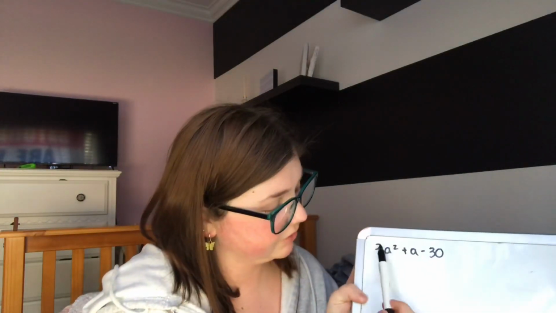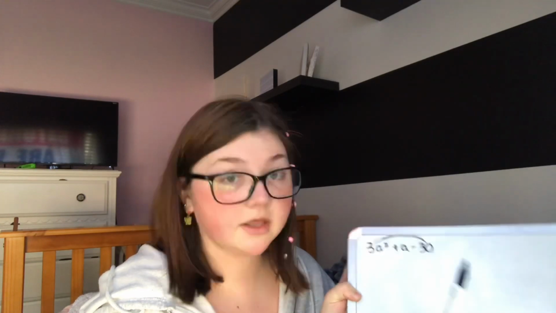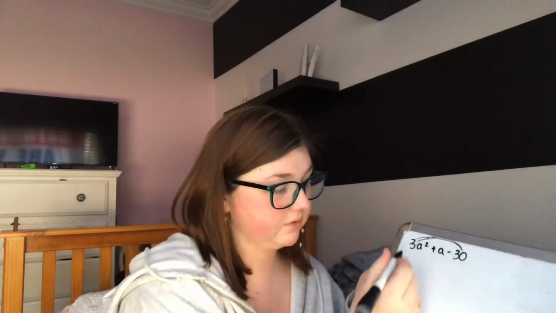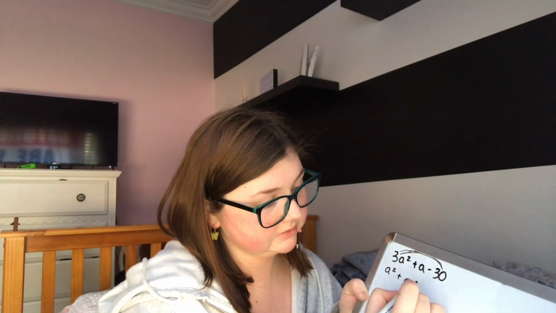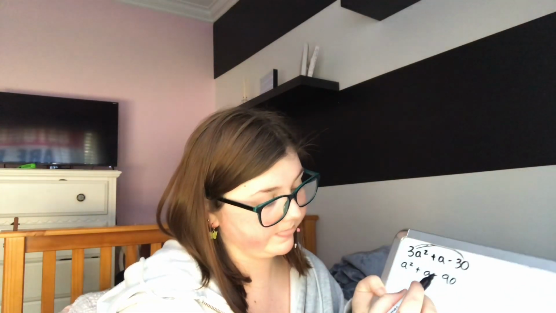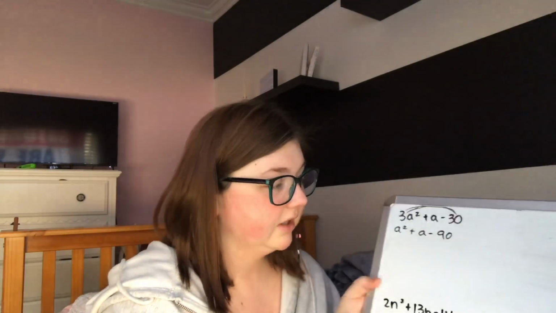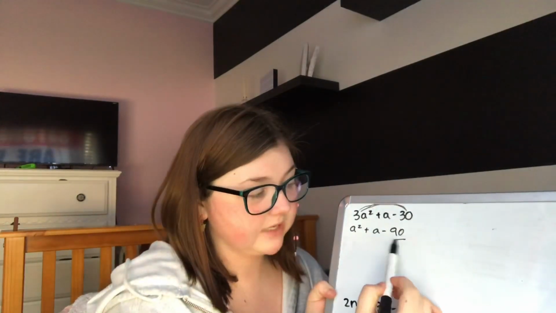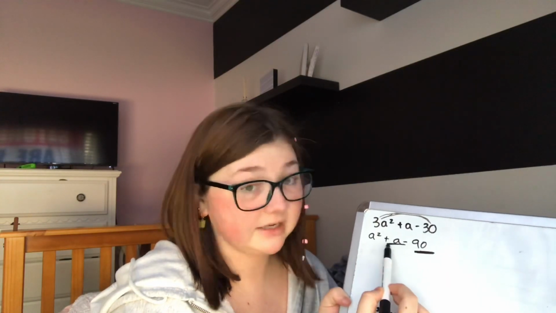So when you are big boy factoring, the first step you do is you're going to take 3a and you're going to multiply by 30, which is going to give you a squared plus a minus 90. And now you have a problem just like we did before. What two numbers multiply to give you 90, but add to give you a?